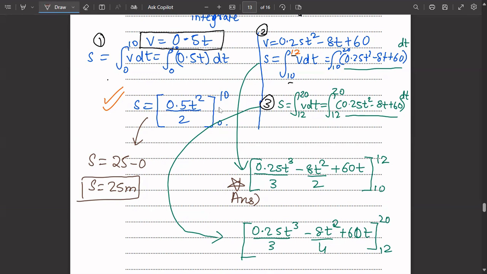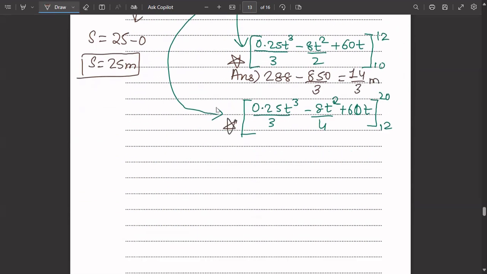If I input 12, the answer is 288, minus, and if I input 10, the answer is 850 by 3. So this will be 288 minus 850 by 3, which is 14 upon 3 meter.